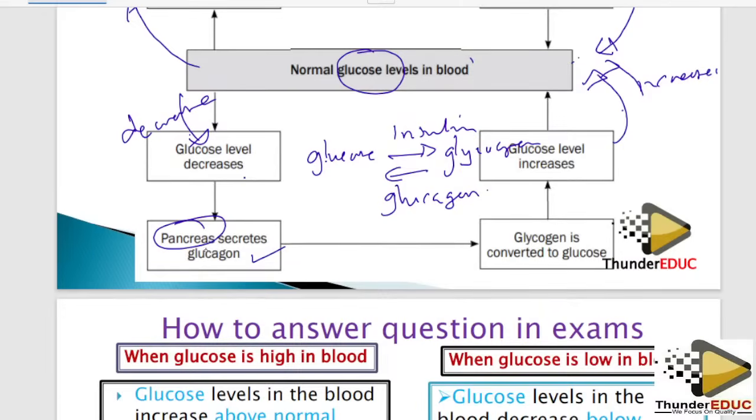So now the pancreas will secrete glucagon, because now we want more glucose because the glucose levels are low. And then the glucagon will stimulate the liver to convert glycogen back to glucose, and then you go back to normal. Guys, this is the same situation when you are hungry.